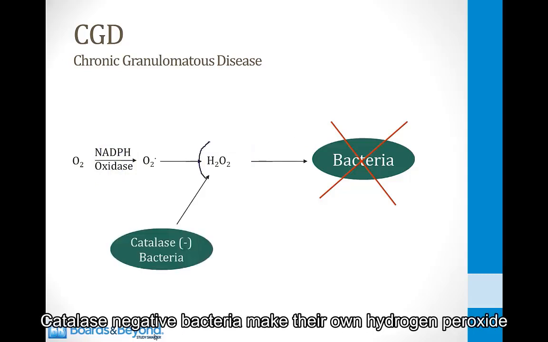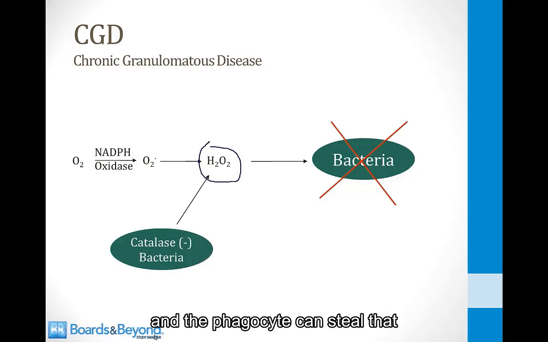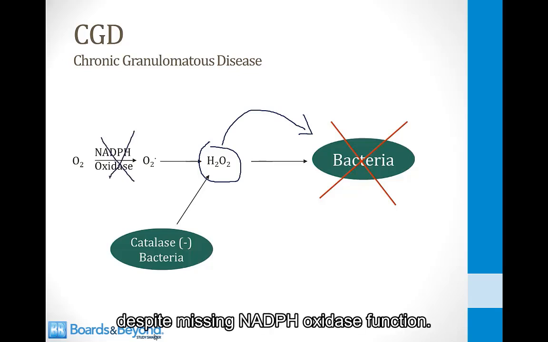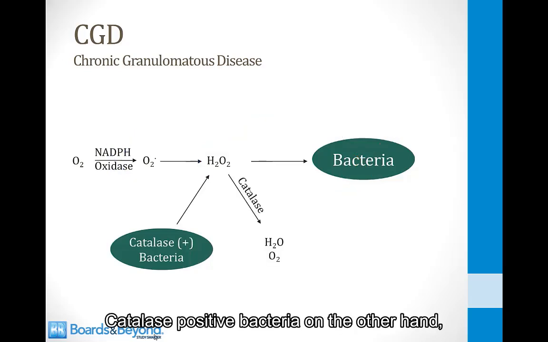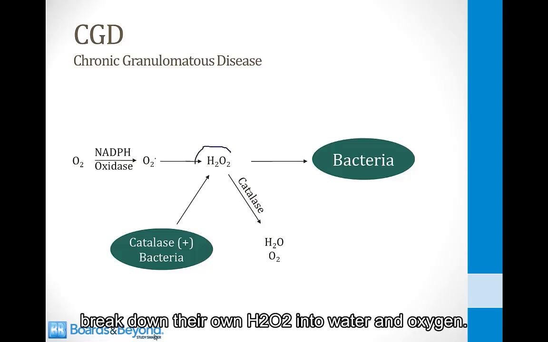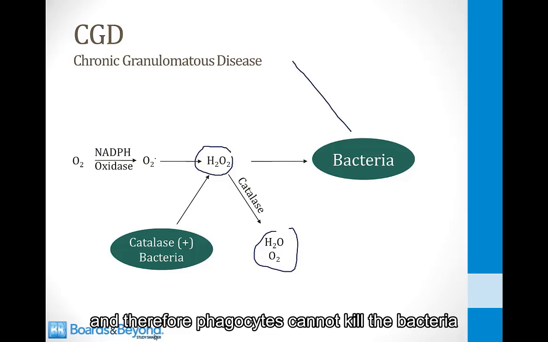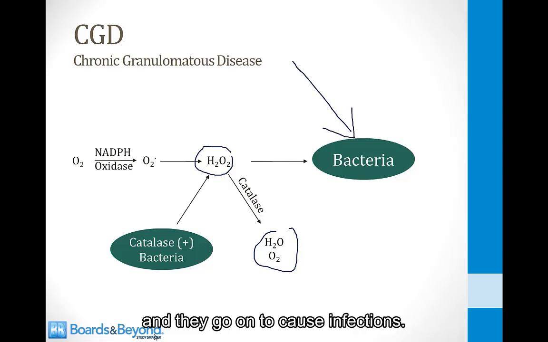Catalase-negative bacteria make their own hydrogen peroxide, and the phagocyte can steal that and use it to kill the bacteria. Therefore, they can kill bacteria despite missing NADPH oxidase function. Catalase-positive bacteria, on the other hand, break down their own H2O2 into water and oxygen, and therefore there's nothing for the host cell to steal, and therefore phagocytes cannot kill the bacteria and they go on to cause infections.